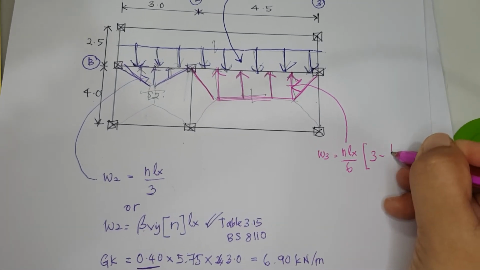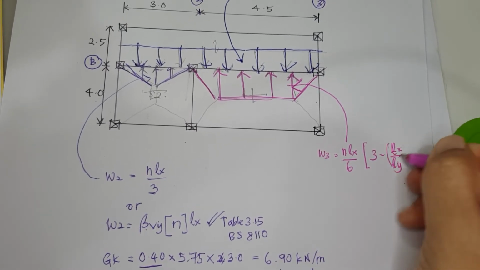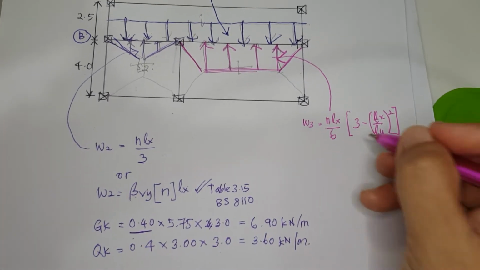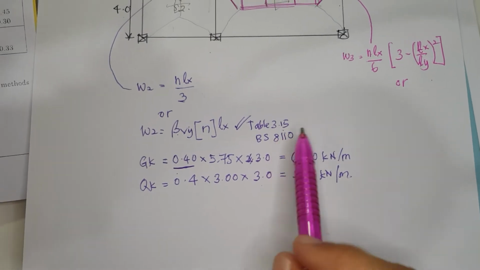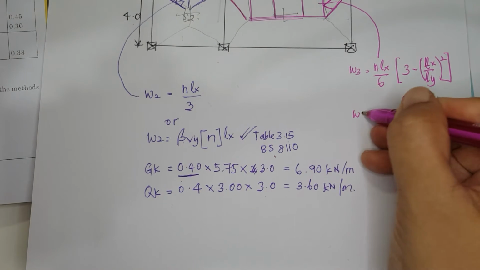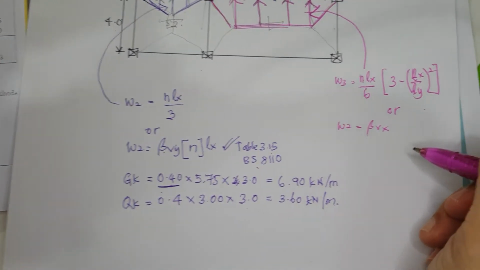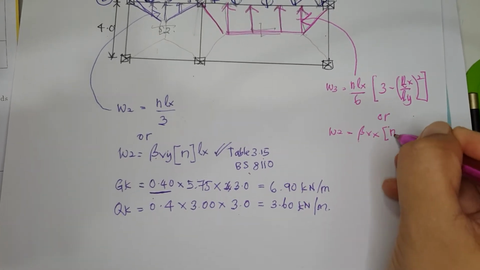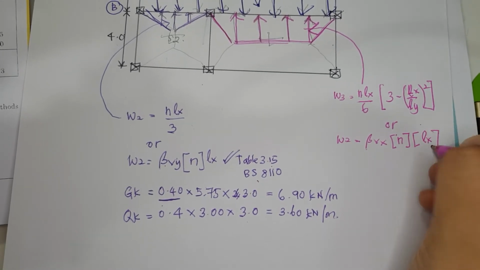So this is the equation, power of 2. Or we can use table 3.5 BS 8110, and the equation is beta Vx multiply with the load multiply with Lx.